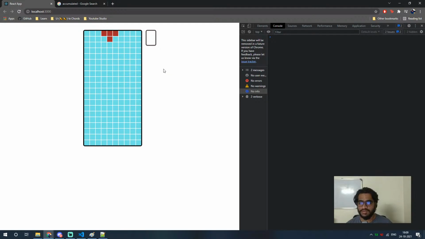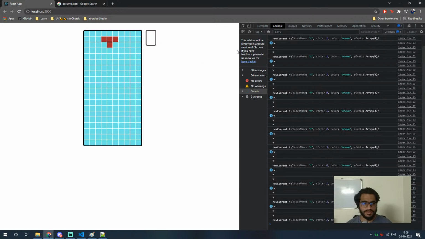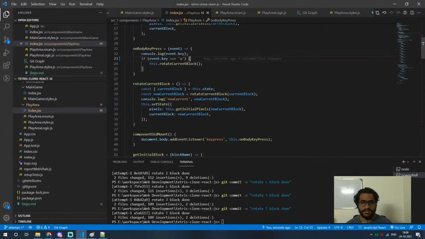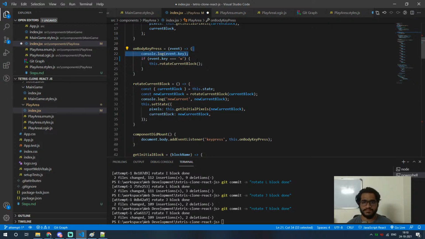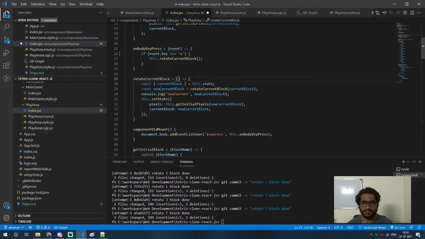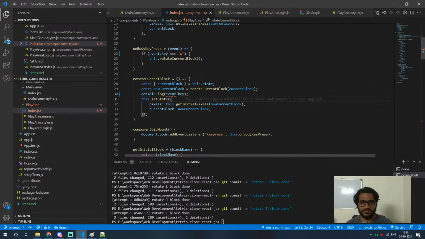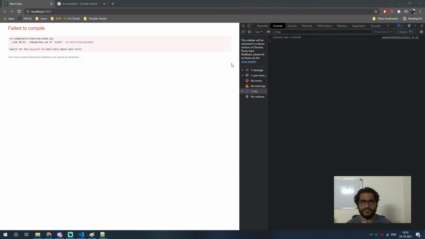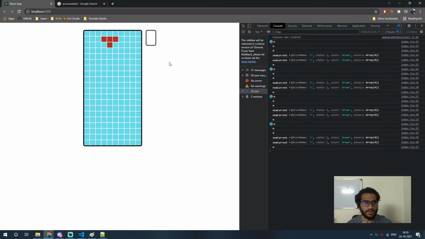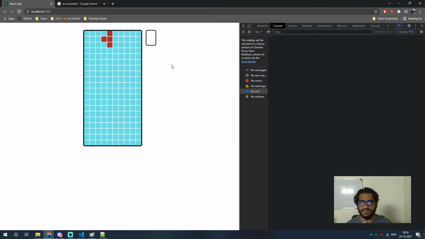Right. So now if I press W, it would rotate it.